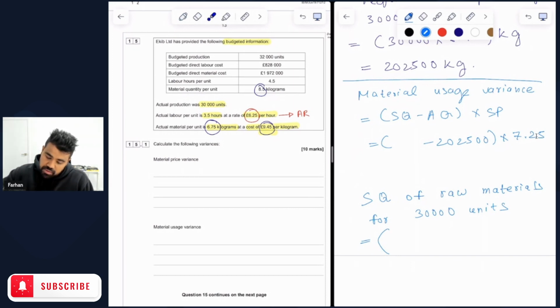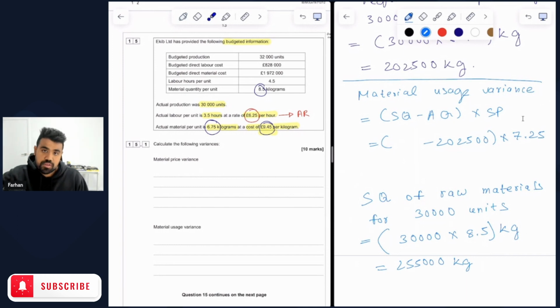So if I want to find the standard quantity of raw materials for 30,000 units, I multiply 30,000 with 8.5 kilograms, and that should give you 255,000 kilograms. That would have been the budget for producing 30,000 units. So what you have to do here is simply replace the SQ with 255,000 that we have just derived.